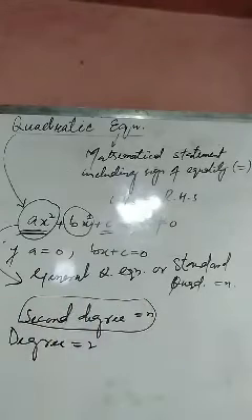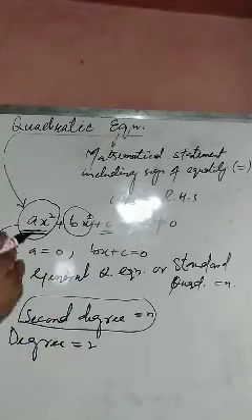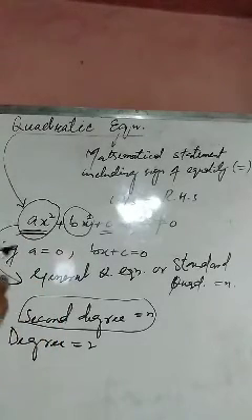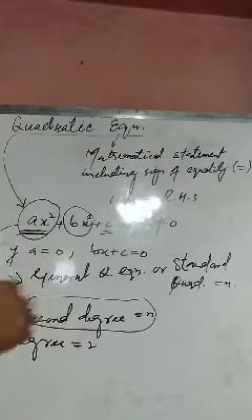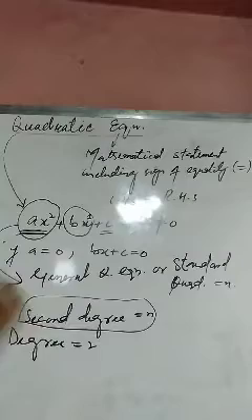That is why it is termed as second degree equation. So a quadratic equation is that equation which involves the degree 2. That is, if the variable involved in the equation has the highest power 2, then it will be called a quadratic equation. Otherwise it will not be a quadratic equation.